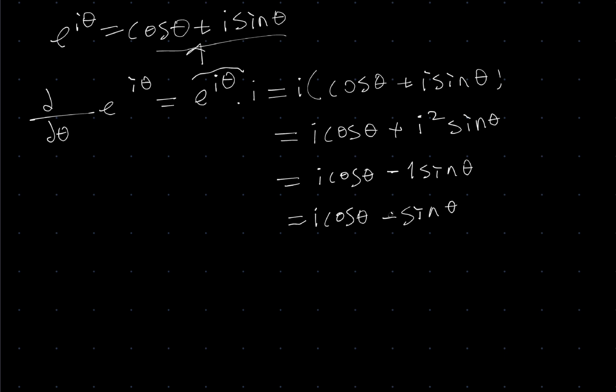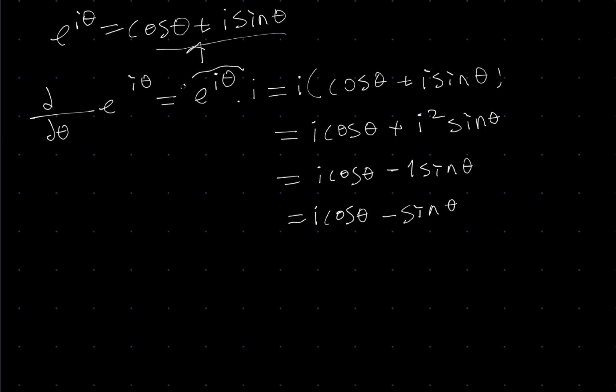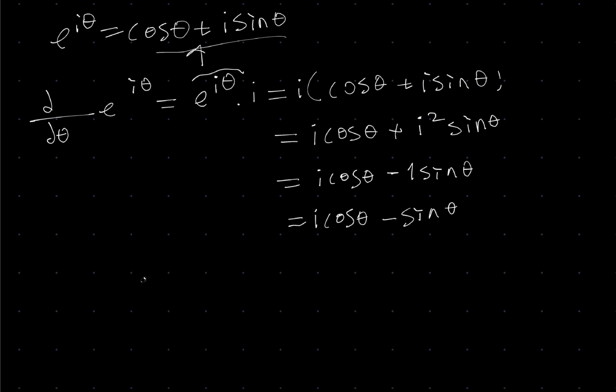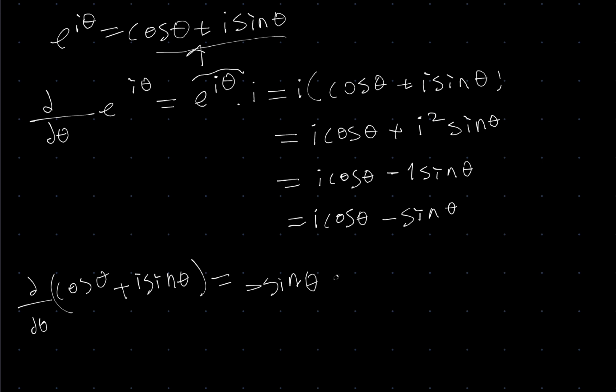Okay, we now have this, and let's take the derivative of the right part, cosine theta plus I times sine theta. So the derivative of cosine is equal to minus sine, of course, don't forget the angle, and the derivative of sine is equal to positive cosine.